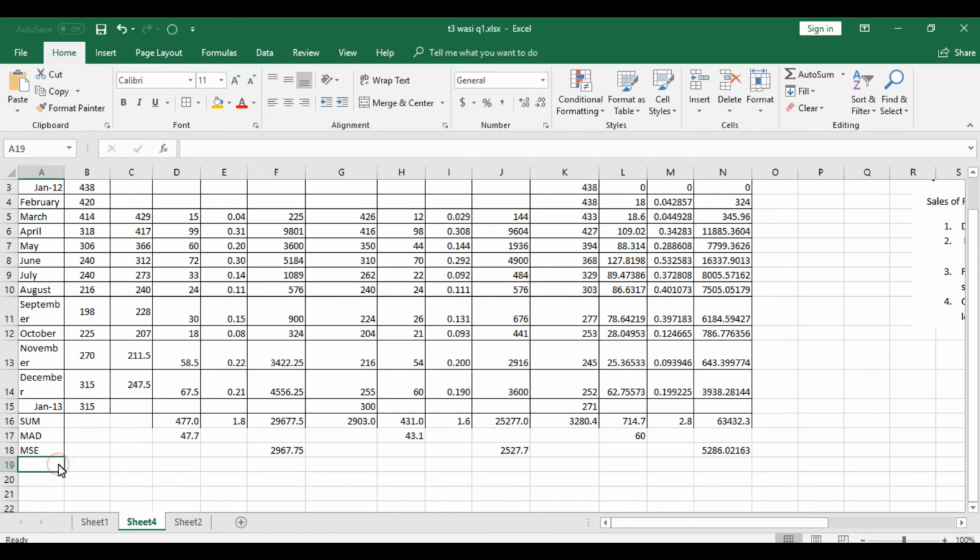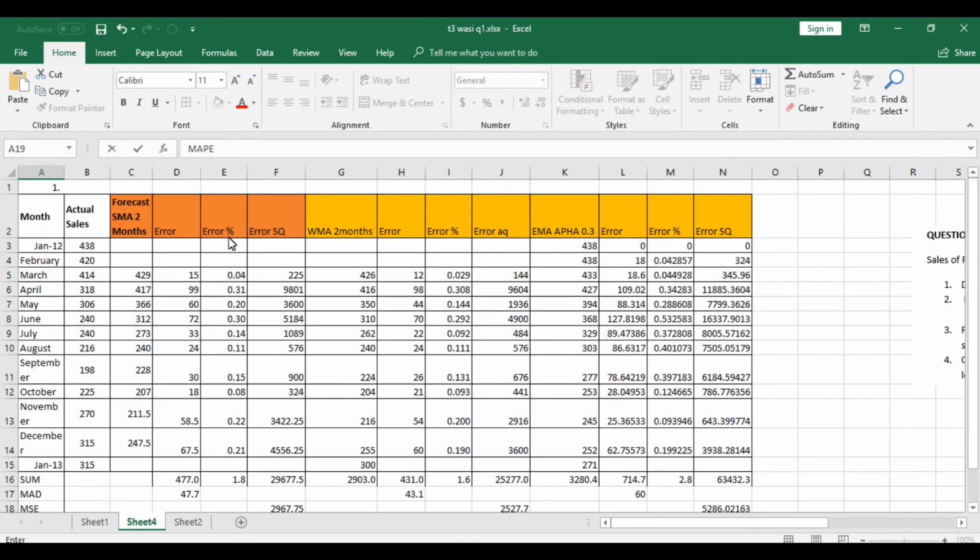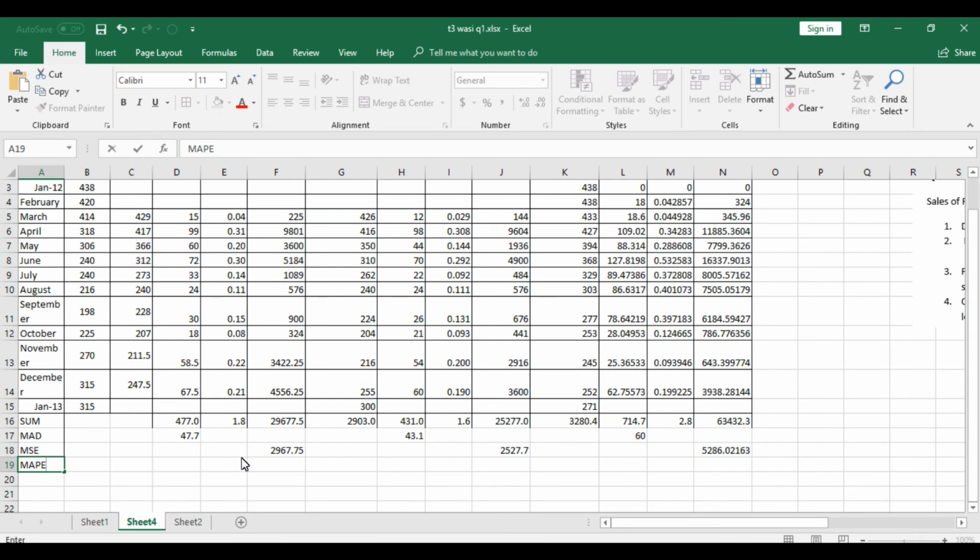The last one is MAPE. The formula for MAPE is error divided by actual, divided by n. Here we already found the proportion, which is the percentage: error divided by actual gives us this error percentage. So the sum of error percentage is here. For MAPE we just need to divide by n, equal to error percentage divided by 10.